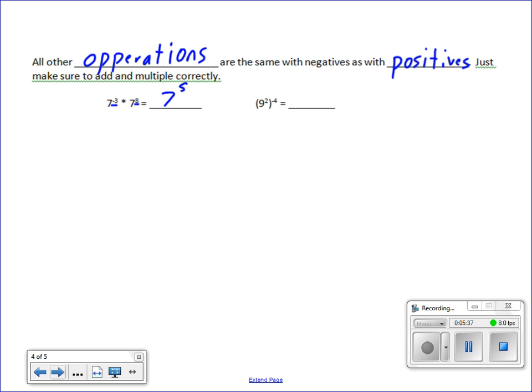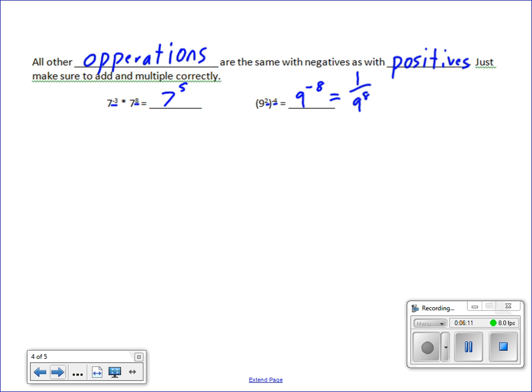We learned when we have 9 squared raised to the negative 4th power, a number with an exponent raised to another exponent, I multiply the two exponents. So 2 times negative 4 is negative 8. It would be 9 to the negative 8. Or, if I simplify this, 1 over 9 to the 8th power.